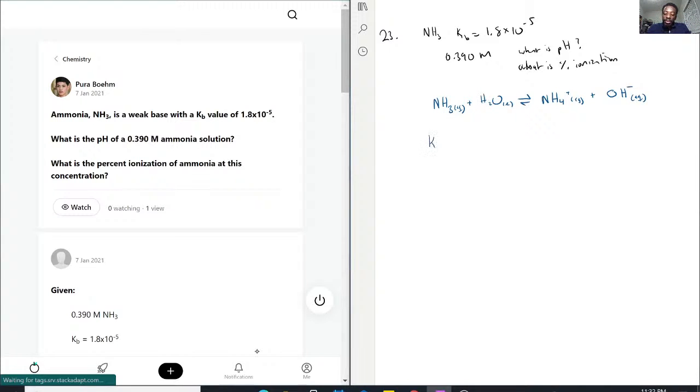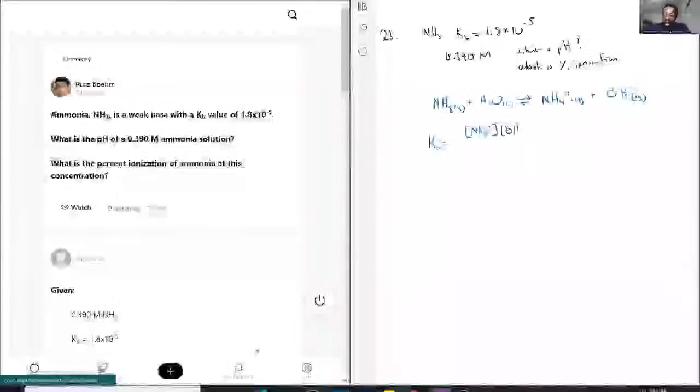But that means Kb in this case, because we are solving the basic side, we do have OH in the products, that would be NH4 plus times OH minus over NH3. So now let's go ahead and draw out the ICE table. Initial, change, and equilibrium.